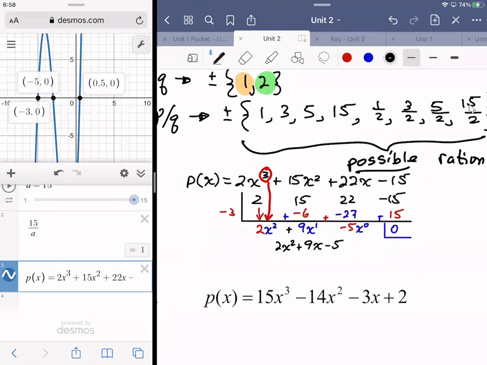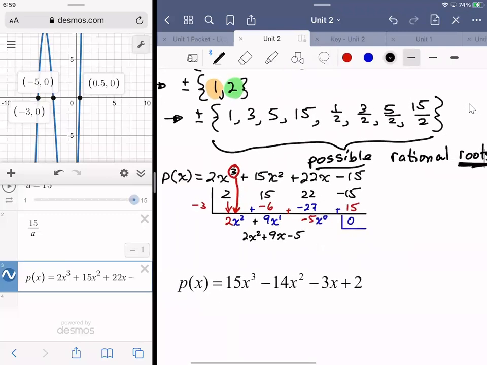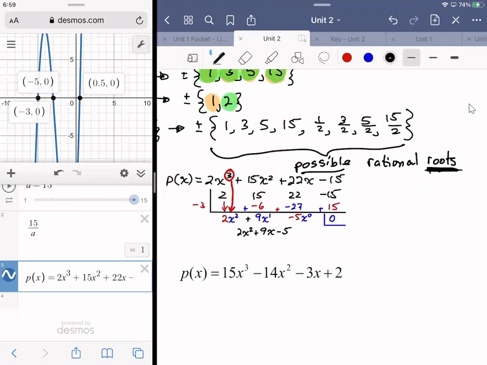Because we're looking for roots, we set it equal to 0, and factor and solve. We know it should be factorable because we got rational roots. If I'm going to multiply to a 2x squared, makes sense that it would be 2x and x.